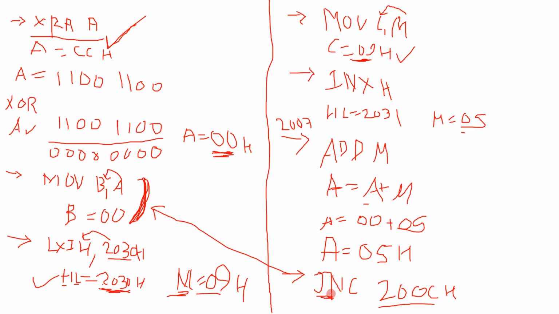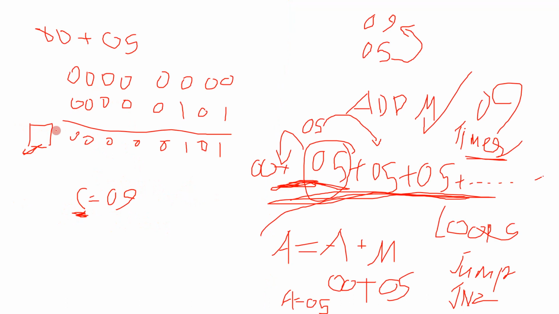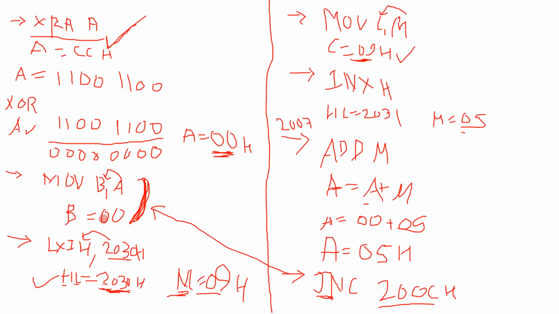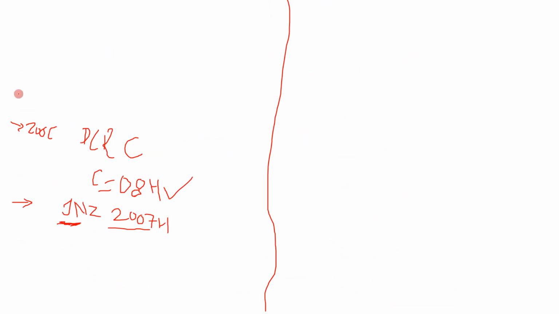Now this instruction is jump on not carry. I have told you, jump on not carry. When we add 00 plus 05, was there any carry? No. There was no carry, the condition is satisfied. If carry is not there, then jump to location 200C, which is here.